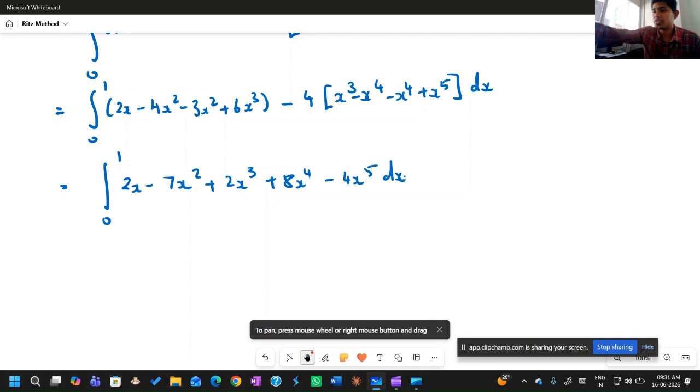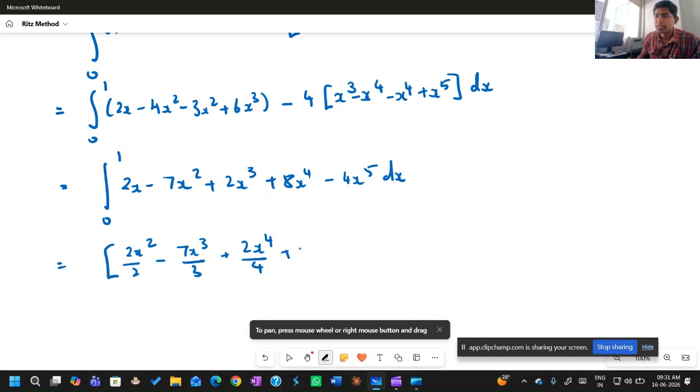Okay, and if we substitute the limits, we should be getting 2x square by 2 minus 7x cube by 3 plus 2x power 4 by 4 plus 8x power 5 by 5 minus 4x power 6 by 6 from 0 to 1.